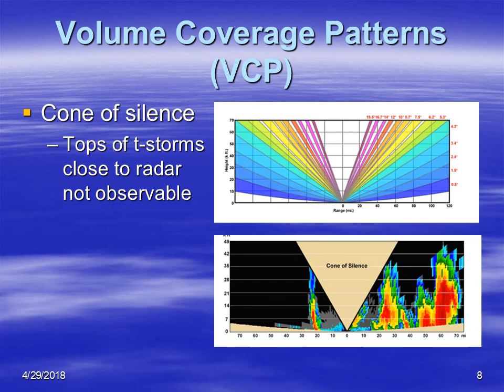That region close to the radar, where you have a gap in radar coverage, is called the cone of silence. And of course, it's very close to the radar and down near the ground, but as you go up, it goes out farther from the radar. So that is a little bit about volume coverage patterns for National Weather Service WSR-88D radars.